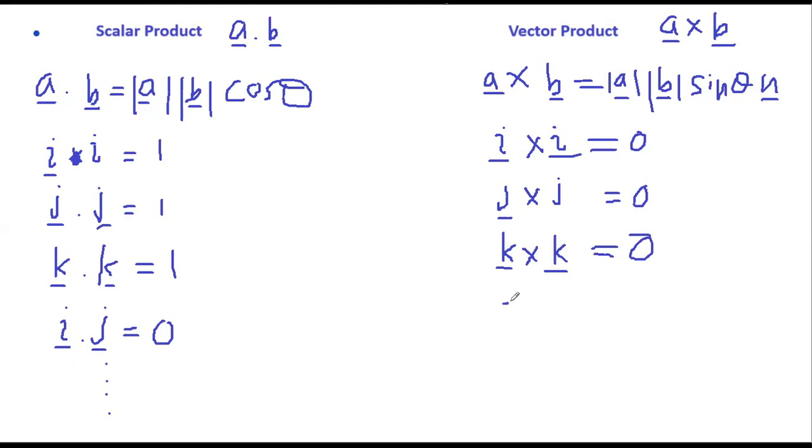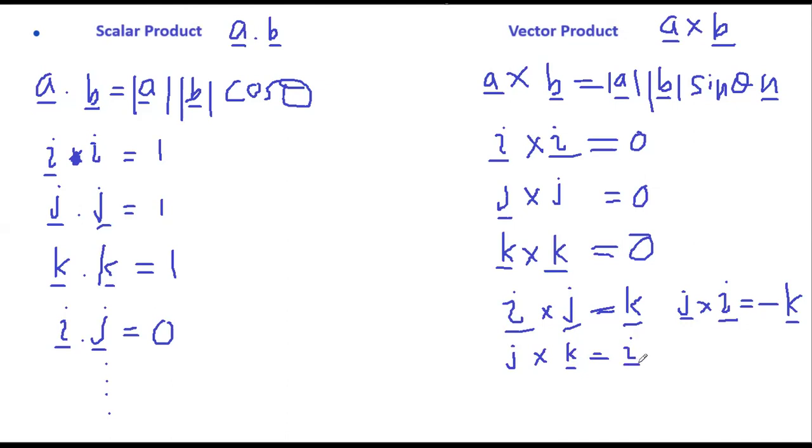But I cross J equals K. But J cross I equals minus K. J cross K equals I. But K cross J equals minus I. Also, K cross I equals J. But I cross K equals minus J.